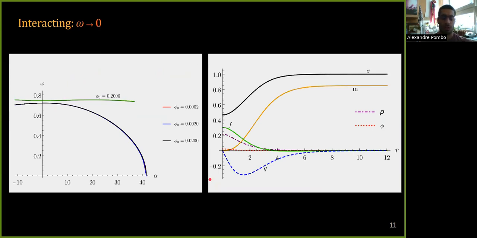In addition, these solutions can also endow solutions where the vector field frequency is able to sustain the entire Scalaroca star. This means that we can have solutions with a real scalar field. So the scalar field frequency goes to 0. And we see that in this case, solutions are everywhere regular again.